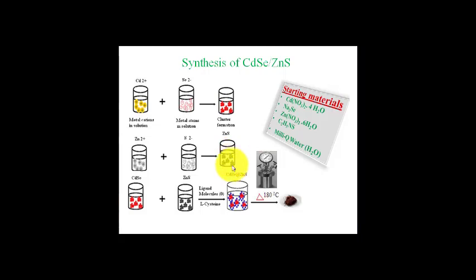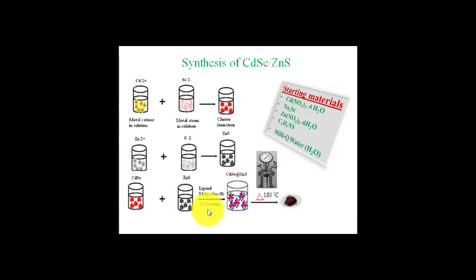Sometimes the formula can be shown just like cadmium selenide at the rate of zinc sulfide. It means that one of the materials has been encapsulated by the other material. So zinc sulfide is making the outer sphere and cadmium sulfide is present inside the zinc sulfide. So both of the solutions are mixed together.